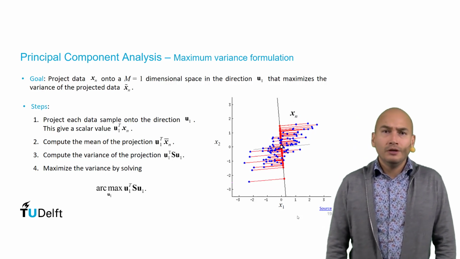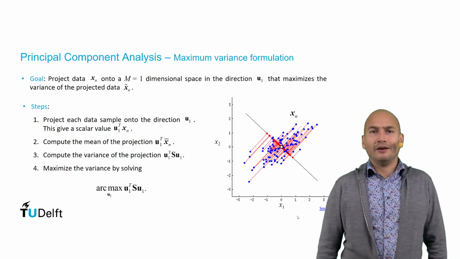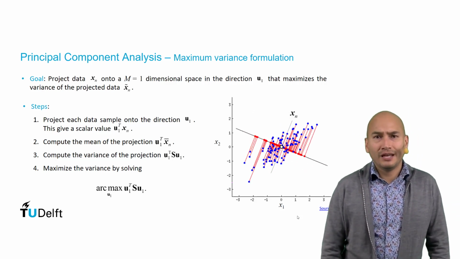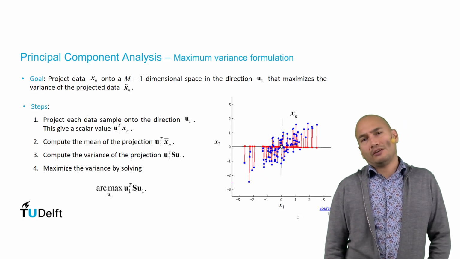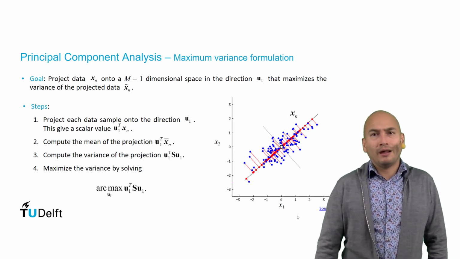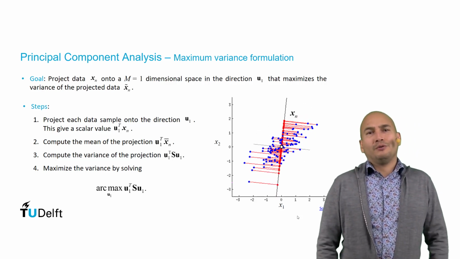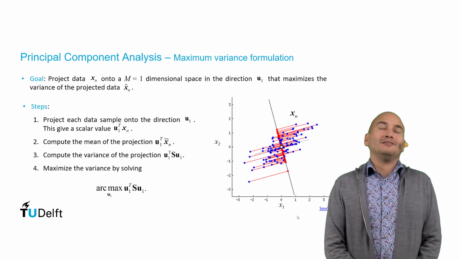In step 2, we compute the mean of the projection, the transpose of u1 multiplied by x bar, and then in step 3, we compute the variance of the projection, the transpose of u1 multiplied by the covariance matrix S multiplied by u1. PCA aims to maximize the variance of projection by finding the argument of the maximum variance.